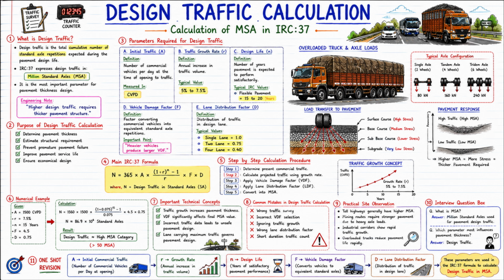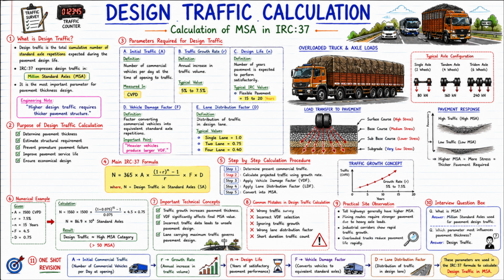Now let's look at the next topic. 5. Step-by-step calculation procedure. Now how is the IRC 37 calculation done? It is given here step by step. Step 1. Determine present commercial traffic. Step 2. Calculate projected traffic using growth rate.